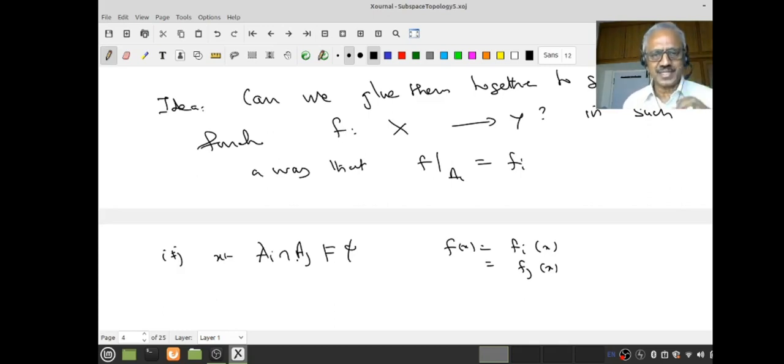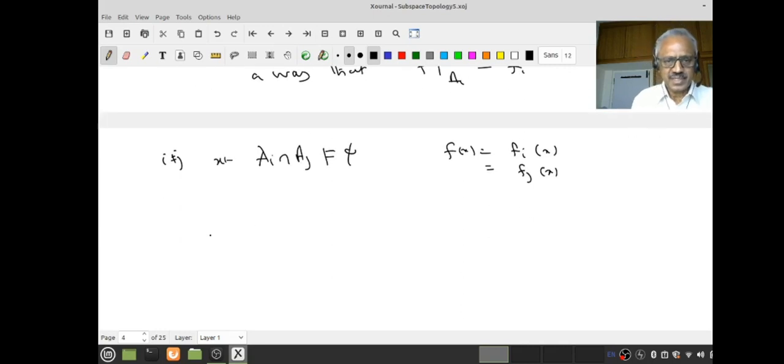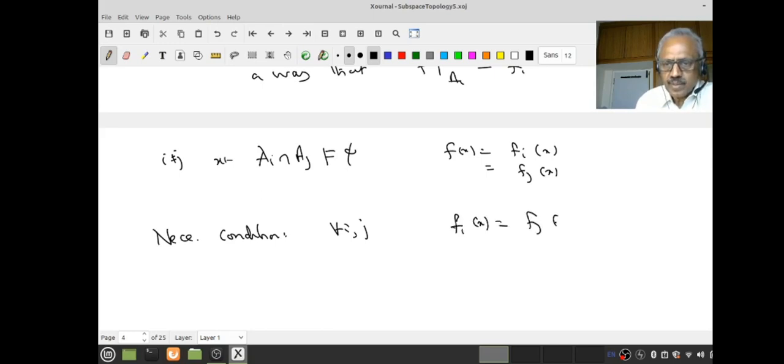So the necessary condition is the following: for all i and j, f_i(x) should be f_j(x) for every x in A_i intersection A_j.